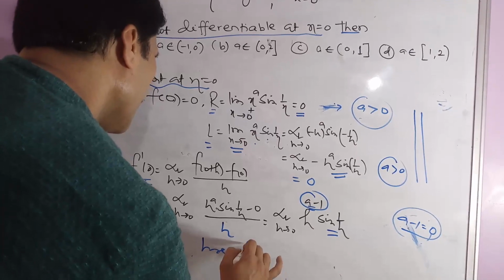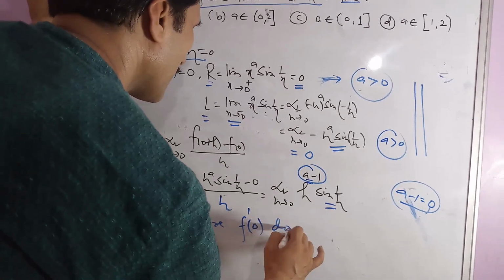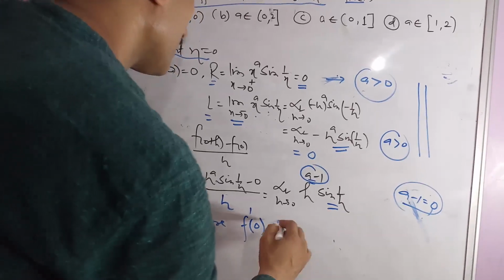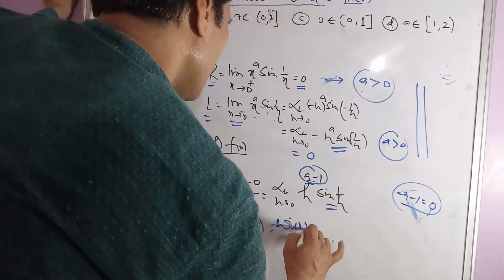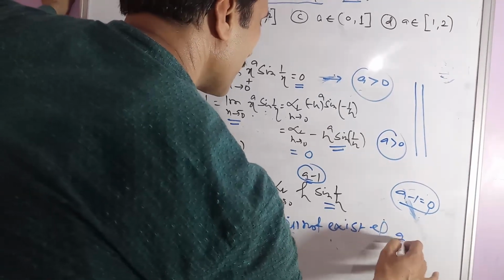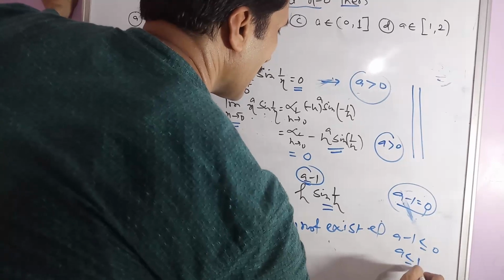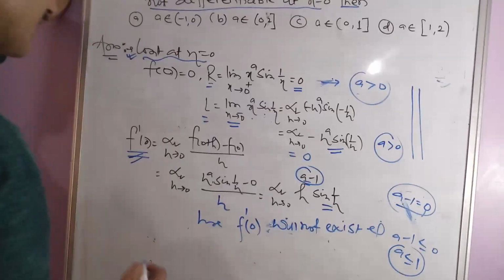Here f dash 0 will not exist if a minus 1 is less than or equal to 0, that is a less than or equal to 1.